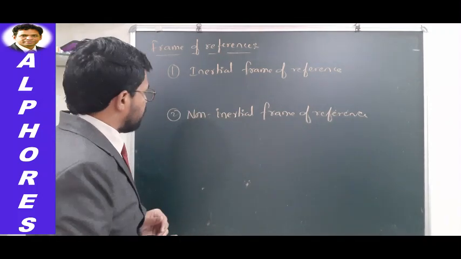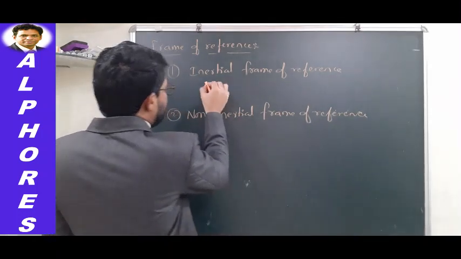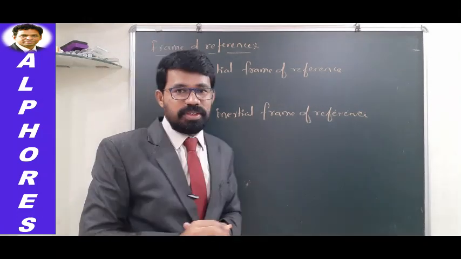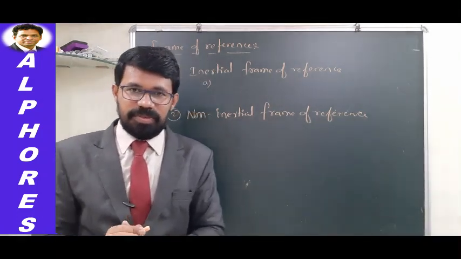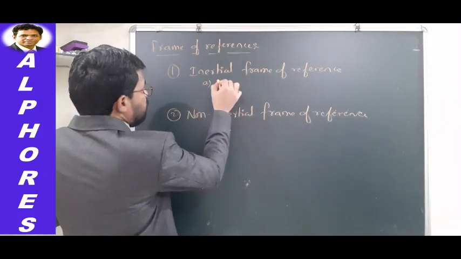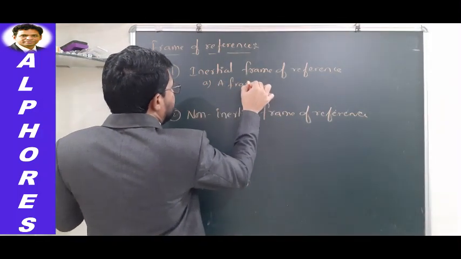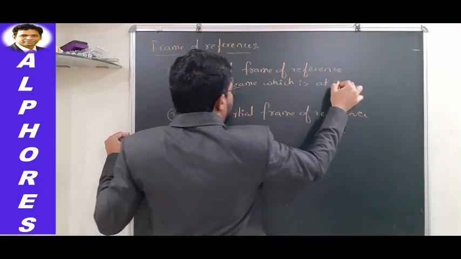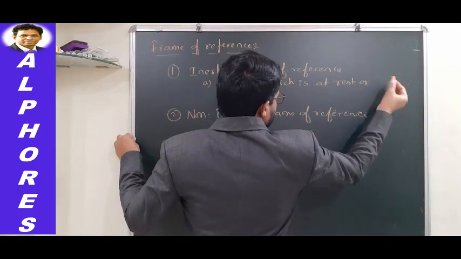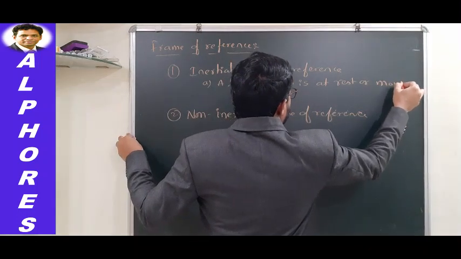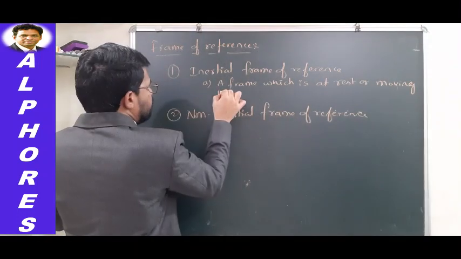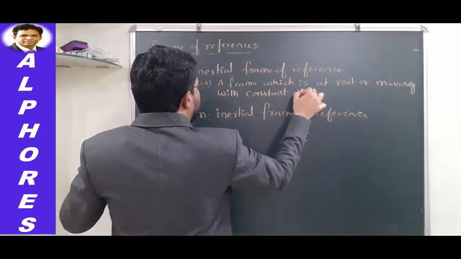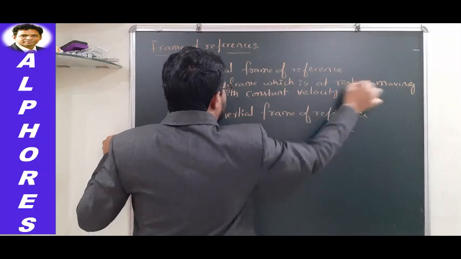See, there are characteristics for an inertial frame of reference. One is, an inertial frame of reference is basically an unaccelerated frame, or a frame which is at rest or moving with constant velocity.